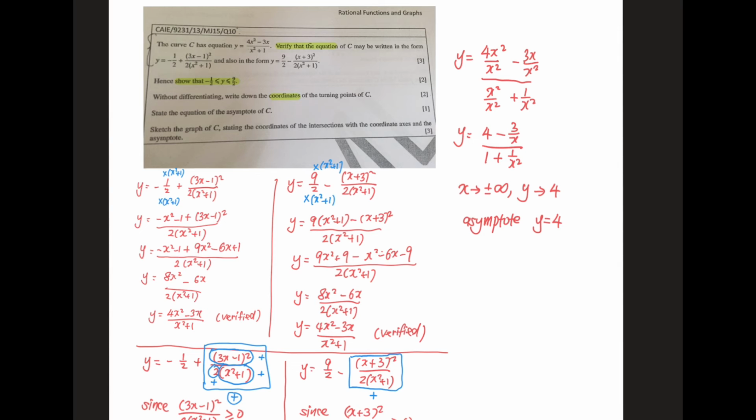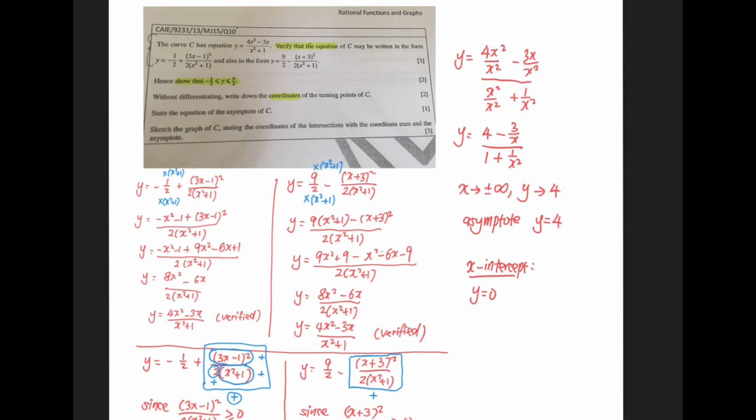Let's continue. Sketch the graph of C stating the coordinates of the intersection with the coordinate axes and the asymptote. To sketch the graph, we need to find the x-intercept and the y-intercept. x-intercept first: we let y equal to 0.